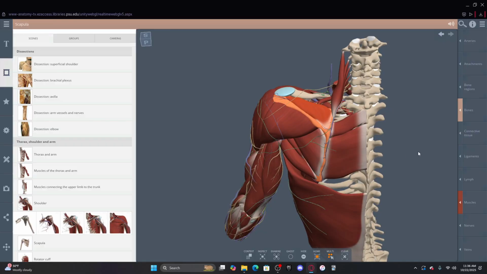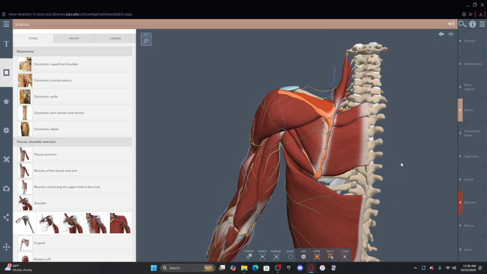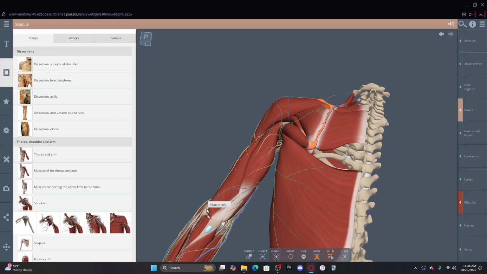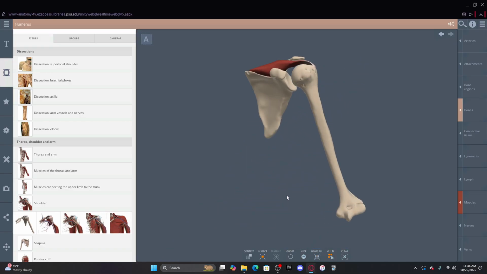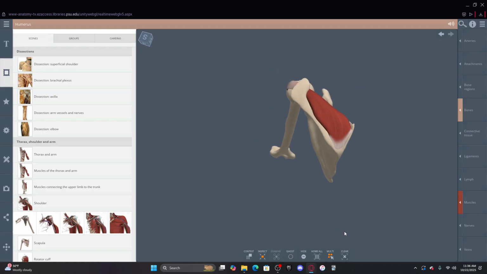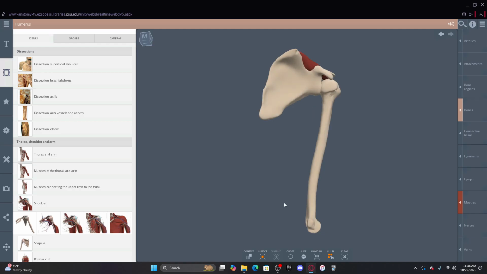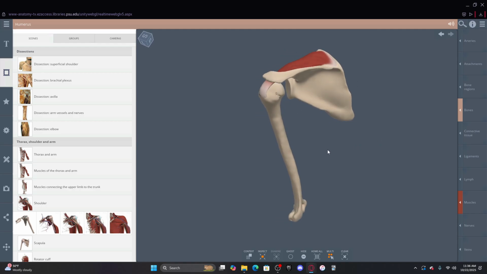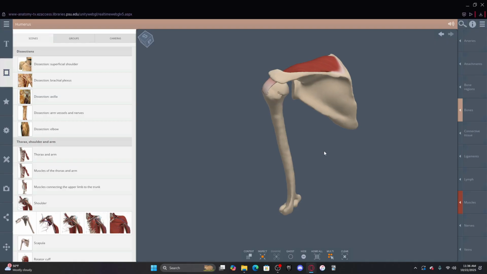It goes from the scapula, the scapular spine, to the greater tubercle of the humerus. You can see this is the greater tubercle, this is the lesser tubercle. And it's responsible for abducting the glenohumeral joint.